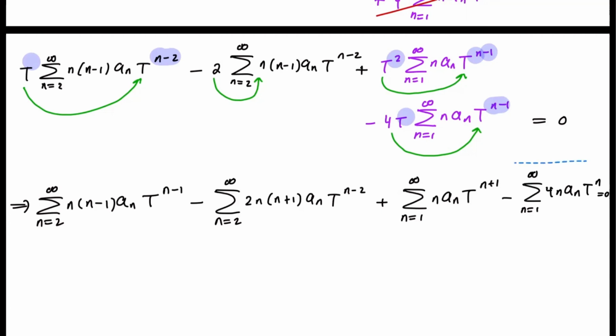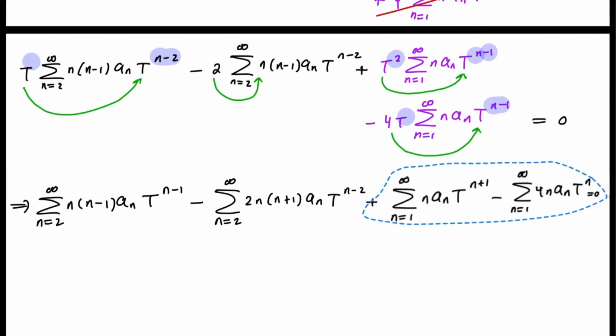So let's give ourselves some room. All right. Okay, now here's when we're going to try to have all of the sums start in the same place. But before we do that, I want to have all the t's with the same power. So we're going to introduce a dummy variable so that all of our t have the same power.